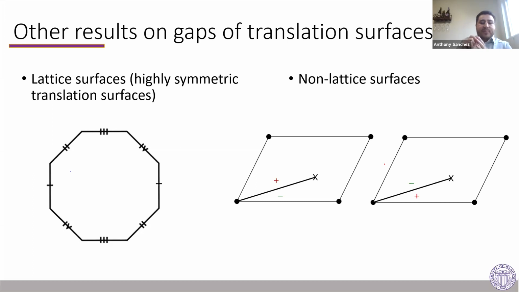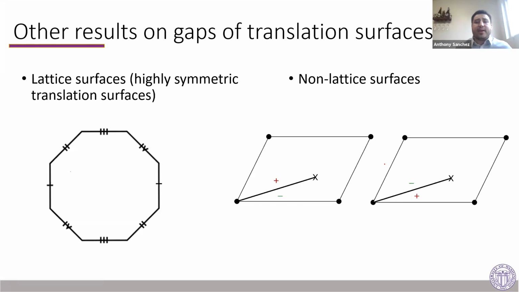The only way it wouldn't be is if, when I crossed through the slit, I had some extra room to wiggle around and get something different than a primitive integer vector. And once I cross through a slit, the only way I can close up again is by finishing the one that would have started. What I'm trying to say is if you project this down to a single torus, you can see quickly that all of them are still going to be primitive integer lattice vectors. Yeah, it's a good question though.